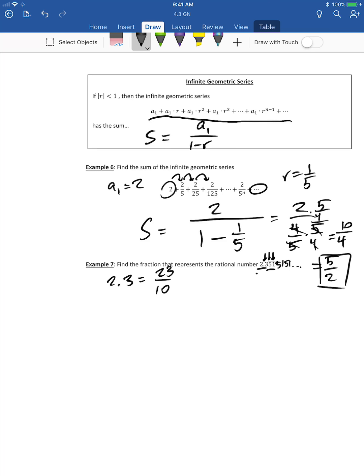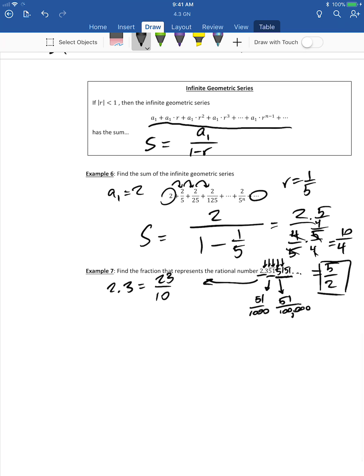Then 51 thousandths, right? Because the 3 is tenths, then hundredths, thousandths. So this is 51 over 1,000. And then another 51, that's ten-thousandths, hundred-thousandths, so 51 over 100,000. And then the next 51, millionths, ten-millionths, so 51 over 10 million.